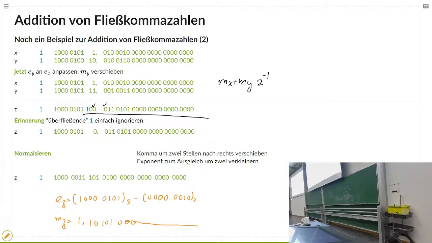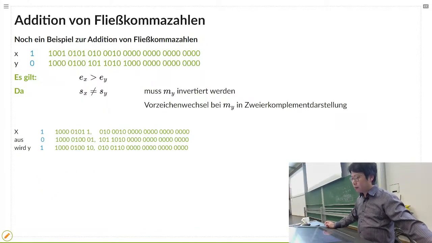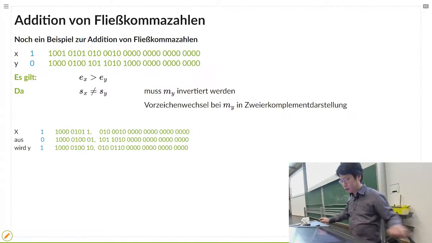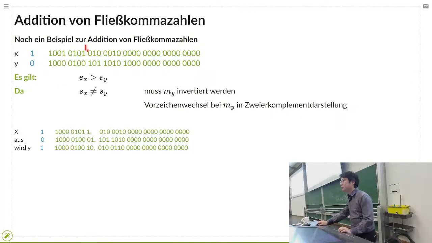So according to the representation, MX is 1, 0, 1, 0, 0, 0, 1, 0. Is that okay with everyone? So I have to put this 1 here. Keep in mind, it's always there. You have to put it back when you read from the representation.